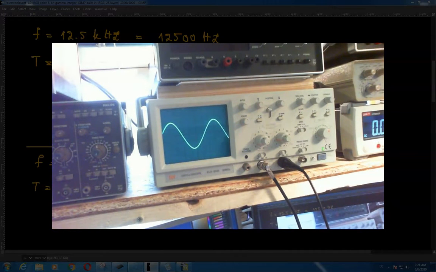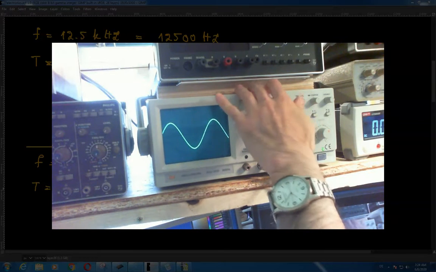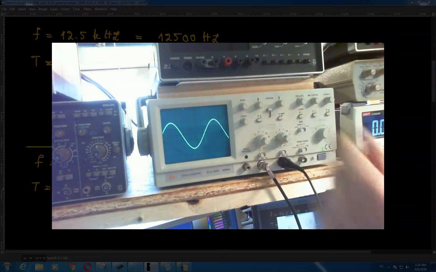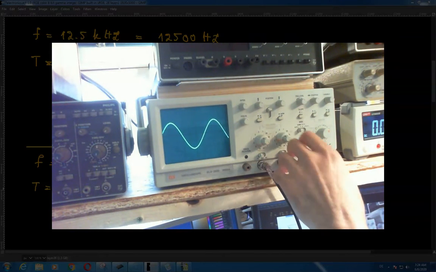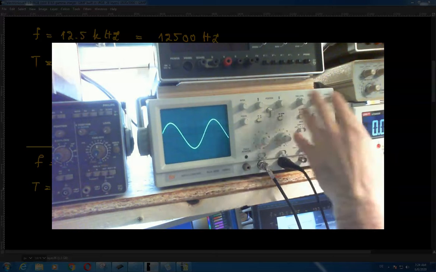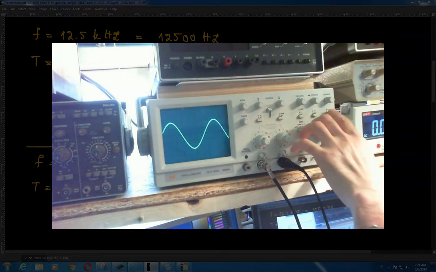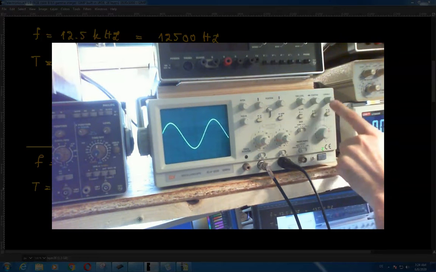So essentially that's basically how you use an oscilloscope. And over time, when you have an oscilloscope, then you will learn how to work with it. It's usually not really important to know exactly what these things do. For example, I really don't know how to use this variable mode over here.